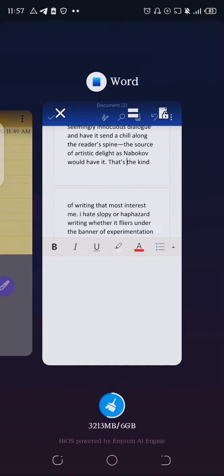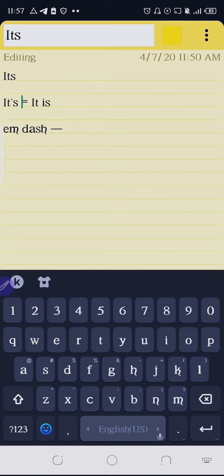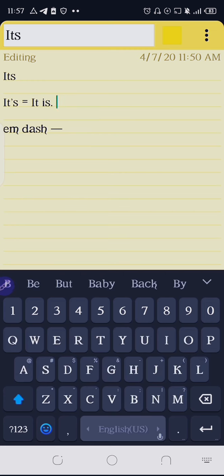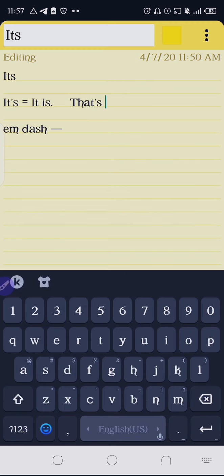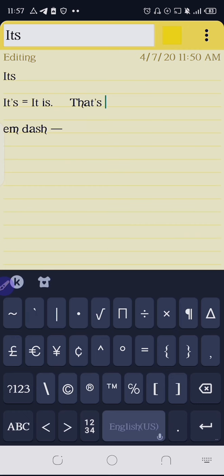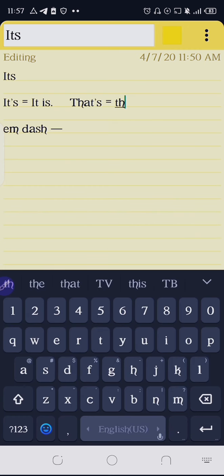So let's go back to, remember this, it is. So in that same vein, we'll have that equals that is. So that's it.